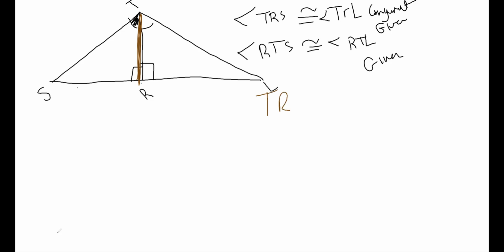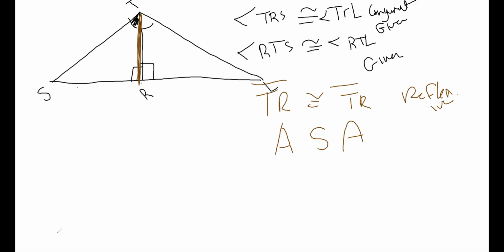So TR is corresponding with TR because of the reflexive property. Now, I have two angles and a side that's included between them.